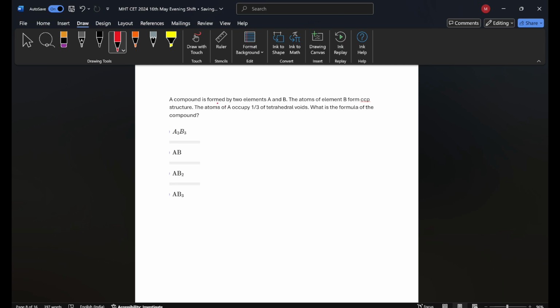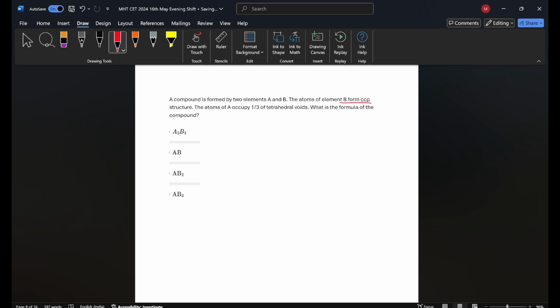A compound is formed by the two elements A and B. The atoms of element B form a CCP structure. A occupies 1 by 8 of the tetrahedral voids. What is the formula of the compound?